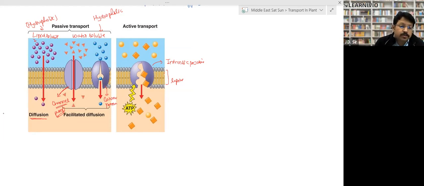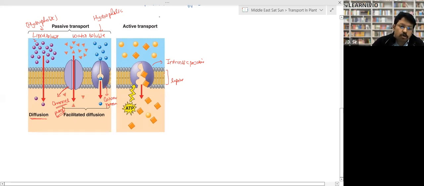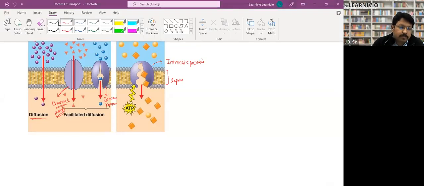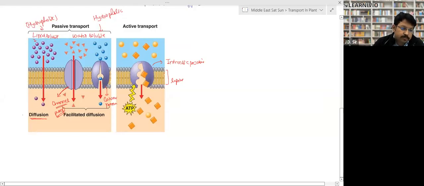Expenditure of energy does not take place in this process. Full stop.